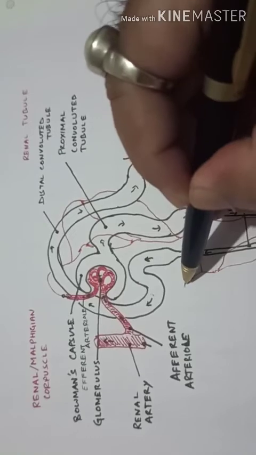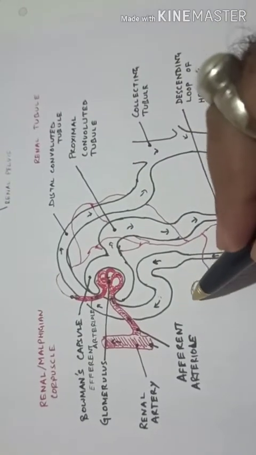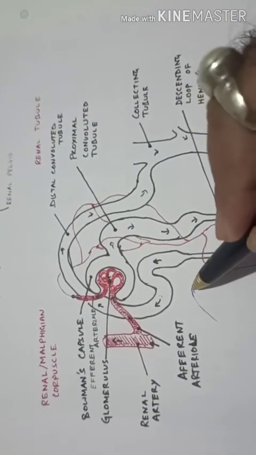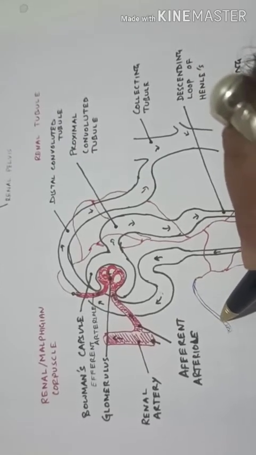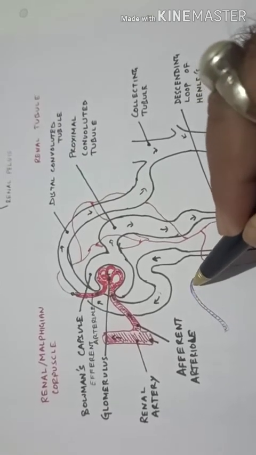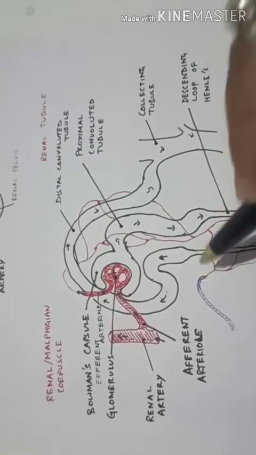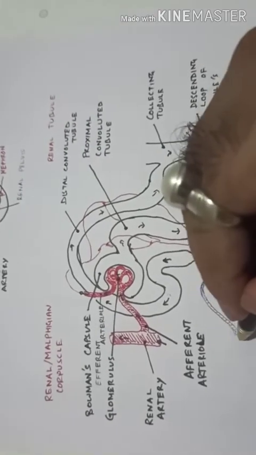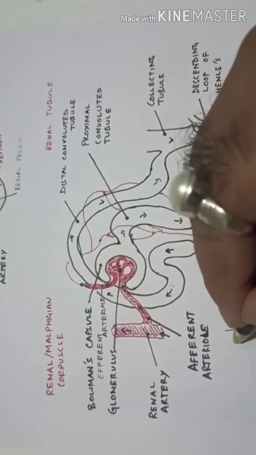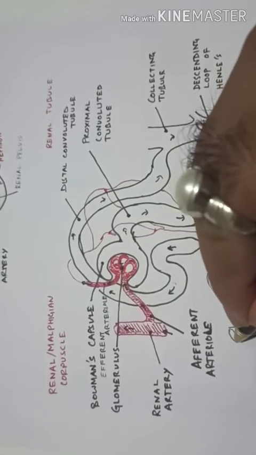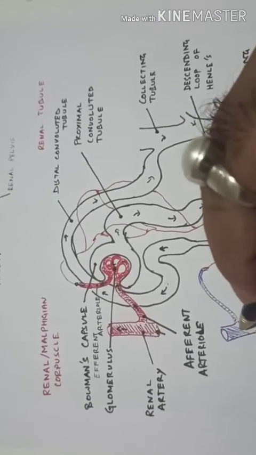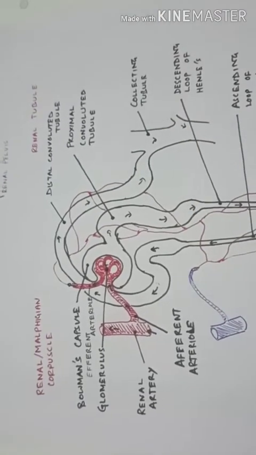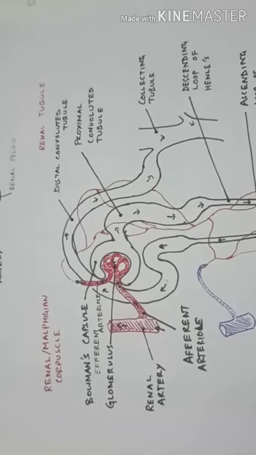It will transform into veins, or rather we should say the renal venules first of all, and then the renal venules are going to merge into the renal vein. The renal venule will merge into the renal vein, and through the renal vein filtered blood will pass.